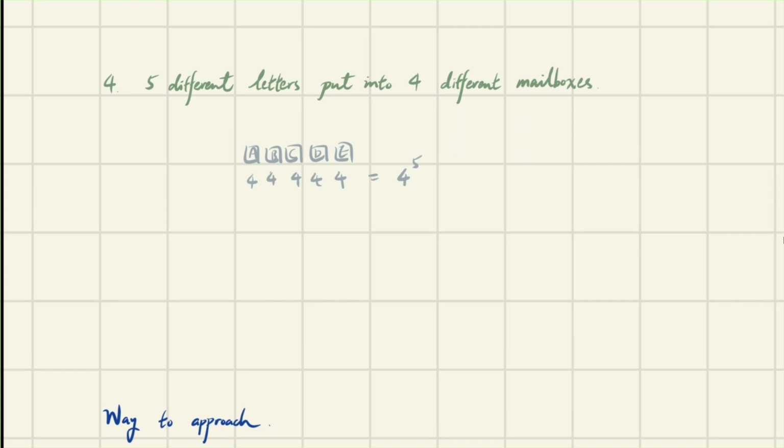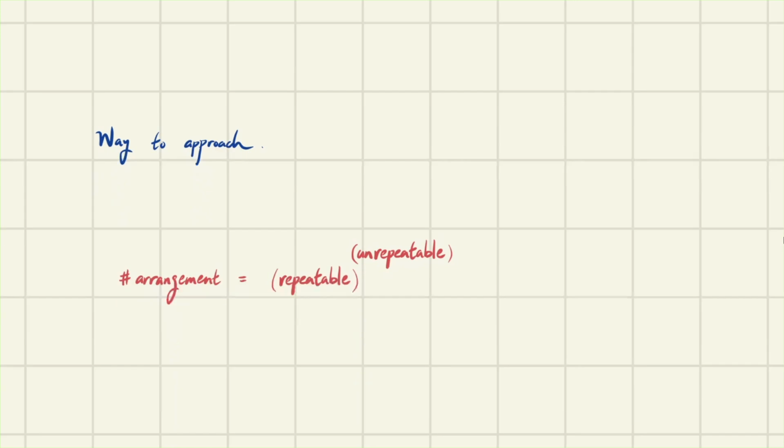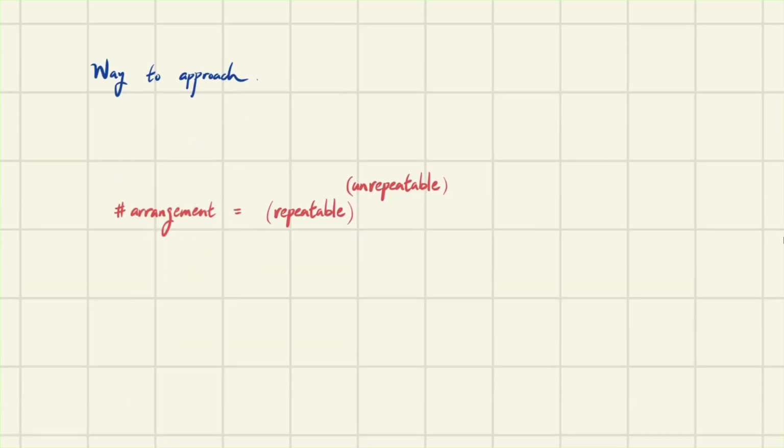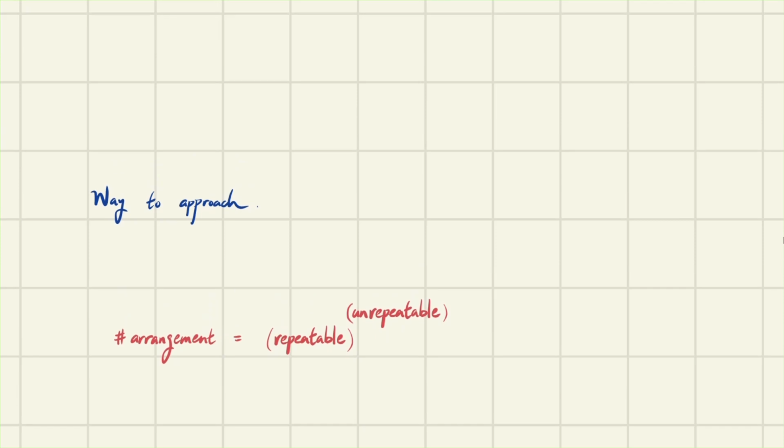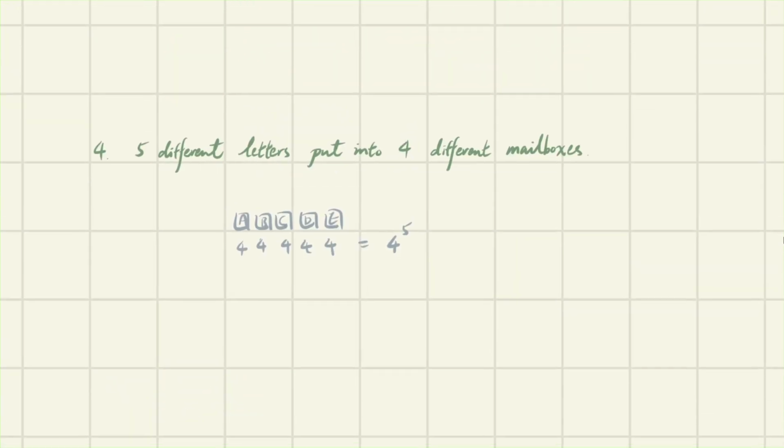What I'm trying to explain here is the number of arrangements. The number of arrangements is equal to the thing that is repeatable as the base, and the number of things that are unrepeatable in the power. Let's look back at example 4: 5 different letters put into 4 different mailboxes.